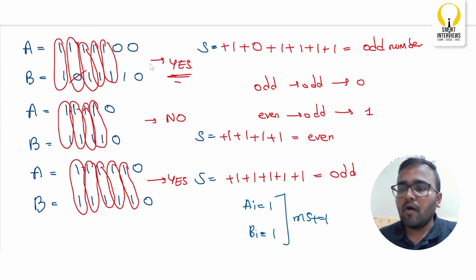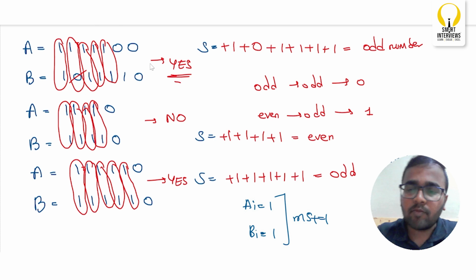Now to make this minimum sum either even or odd, we must have at least one such case. One such case is enough. If there is no such case, then you cannot make this minimum sum odd. Got it?